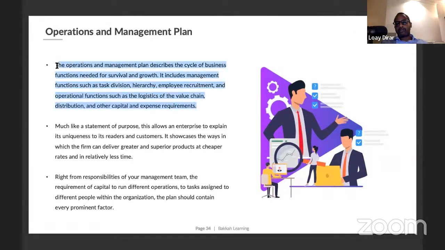From this part of the area that I've highlighted, you can learn more about it if you Google the value chain that was developed by Michael Porter. The value chain is going to give you a very good understanding of what the main processes are and what the support processes are that you need to consider when it comes to establishing or operating a business.